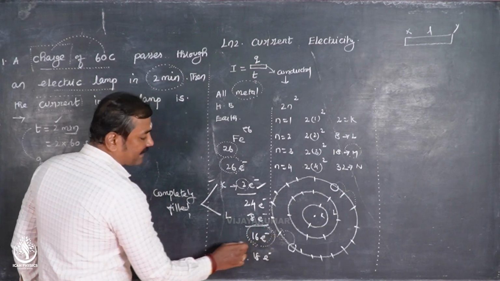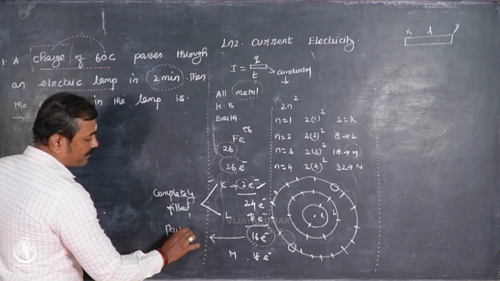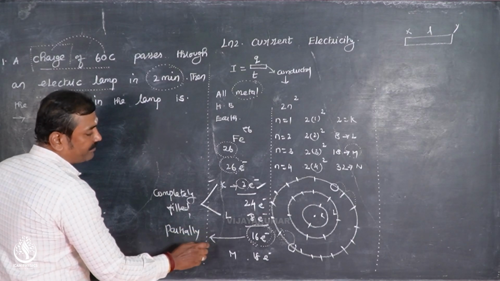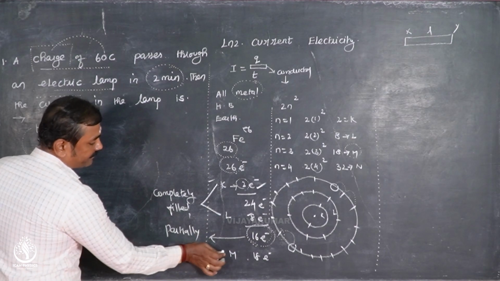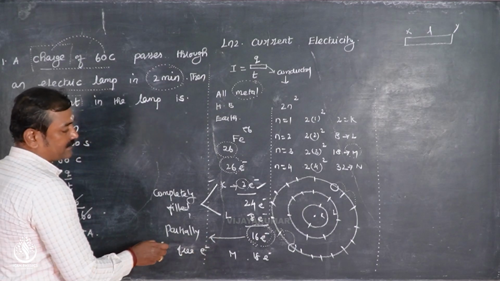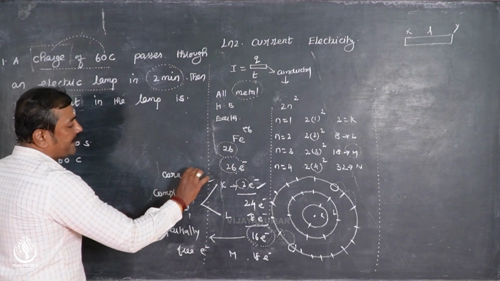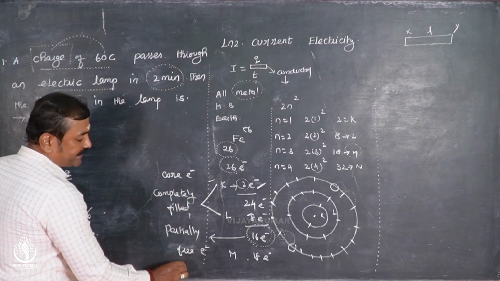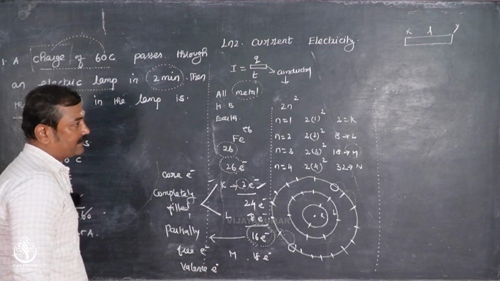These 16 electrons are partially filled. These partially filled electrons are called free electrons. The completely filled electrons are called core electrons. These free electrons are otherwise called valence electrons.